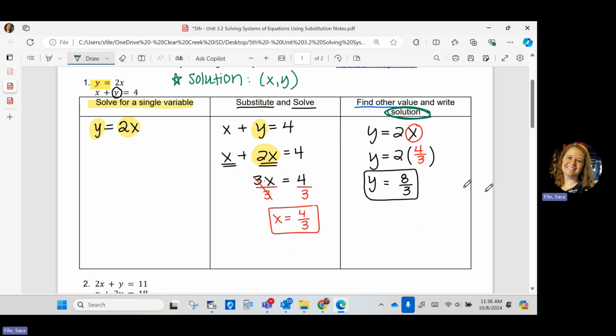So my solution will be 4/3, comma, 8/3. That is my solution. That is the point. If I were to graph these, that is the point where they would intersect.